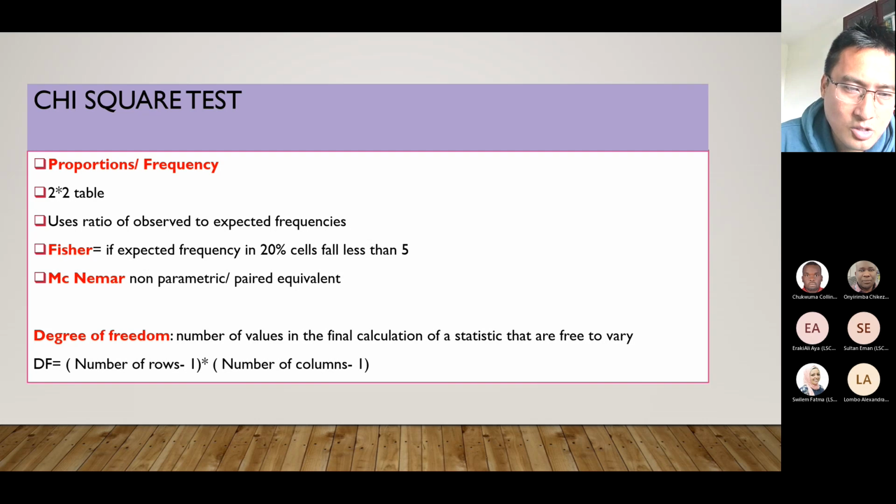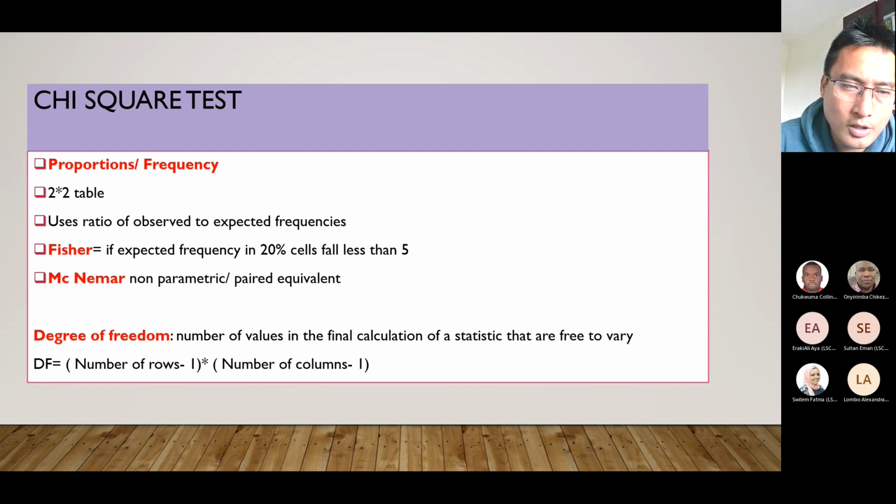But if the expected frequency is less than 20%, the test that we use is Fisher, which is the equivalent of chi-square. And if there is something given with non-parametric paired data, the equivalent is McNemar. So this is the one that we used.